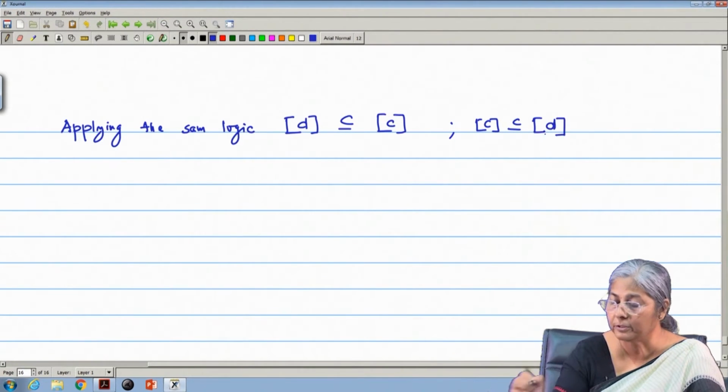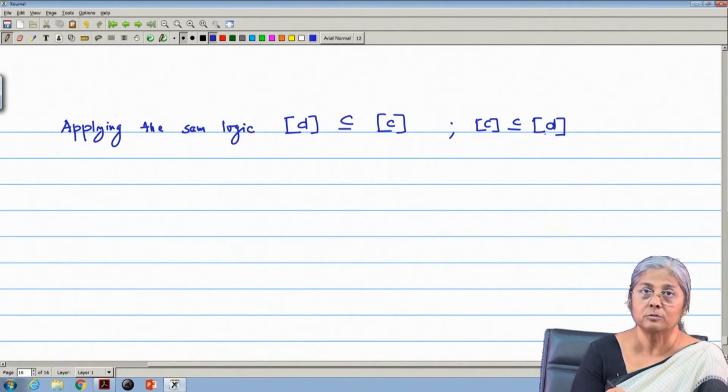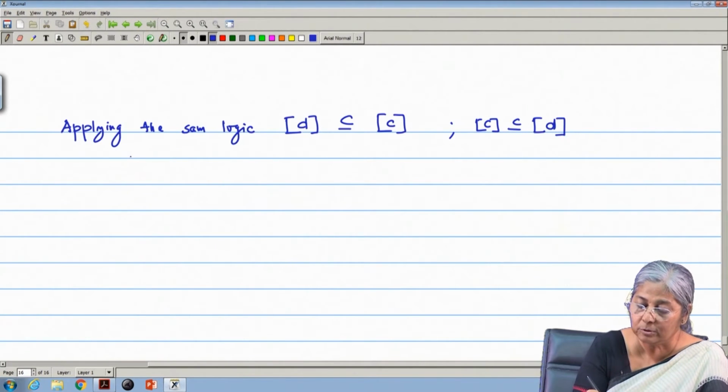So, from the property of subsets of a set, we must tell that [c] equals [d].